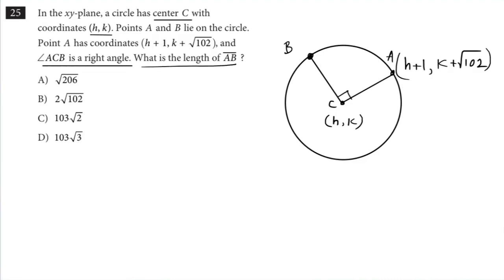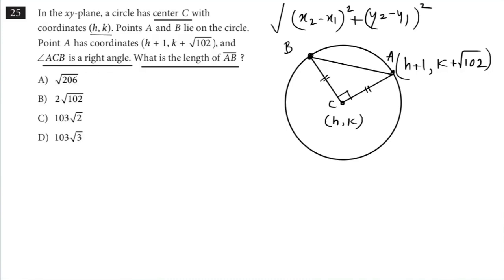What is the length of AB? So we need to calculate this length. At first, it looks like I need the distance formula to get this distance AC. And remember, these two distances will be the same because they are radii of the circle. If you know this formula, the square root of x2 minus x1 squared plus y2 minus y1 squared, make sure you learn these length rules, midpoints, gradients, equation of lines.